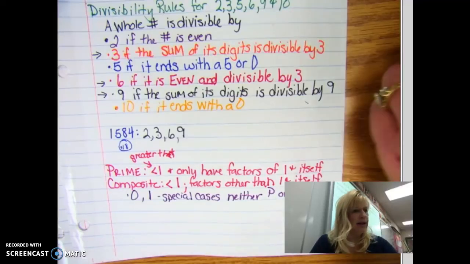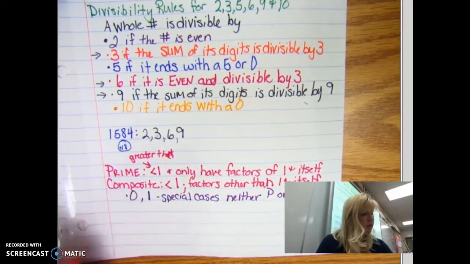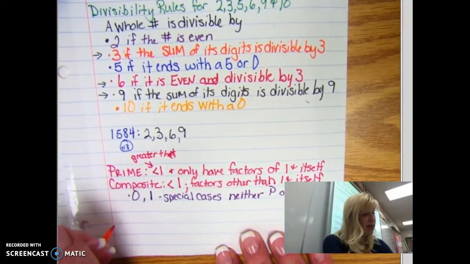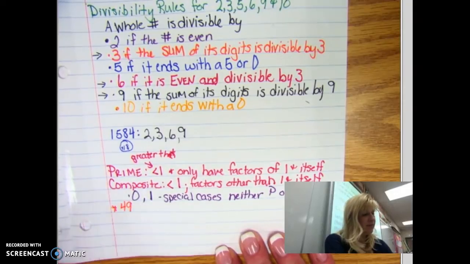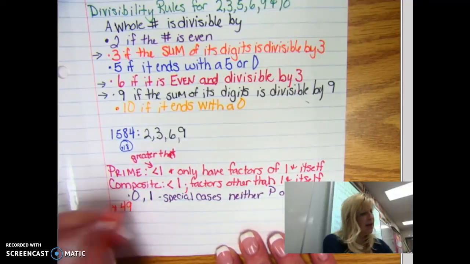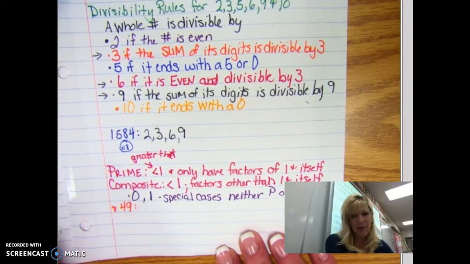So let's look at a couple of numbers. One that a lot of students will miss is try number 49. Is that prime or is that composite? You can pause the video and make a guess. Okay, this one, it looks like, you know, it's an odd number, it's a goofy number, it's almost 50, so you think, no, that's got to be prime. It is composite.